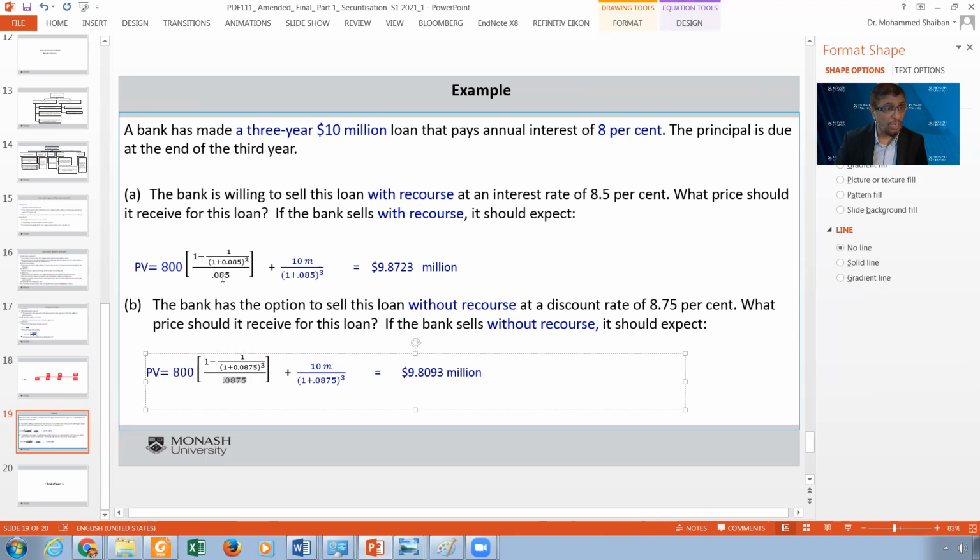So this is 8.5, this is 8.75%, and you discount the same way and find the price here. They are getting it cheaper than the other way, because the buyer will be responsible for the credit risk.